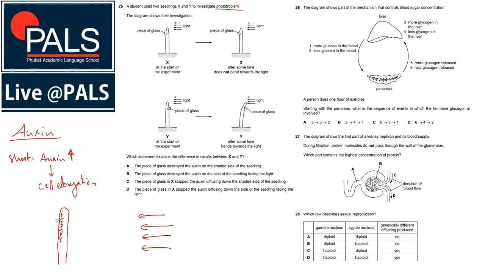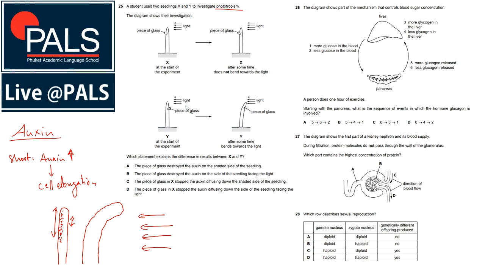This means that the cells on the shaded side will elongate more when the shoot grows than the cells on the bright side, and this causes the whole shoot to bend towards the light.